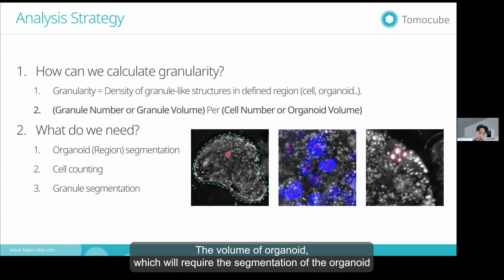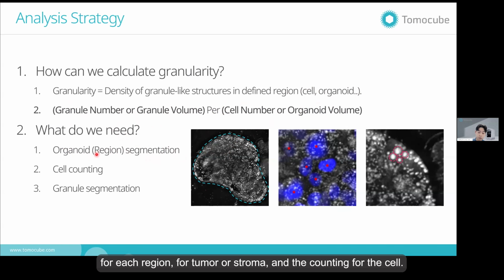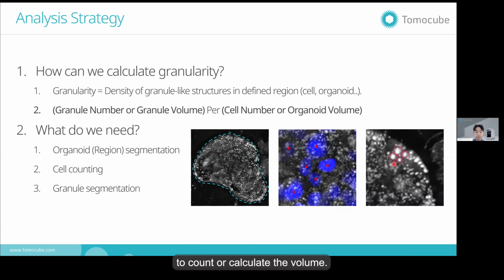So in this case, what do we need to calculate the granularity? The volume of the organoid, which will require the segmentation of the organoid or each region for tumor or stroma, and the counting of the cells. And definitely we will need the segmentation of the granules to count or calculate the volume.